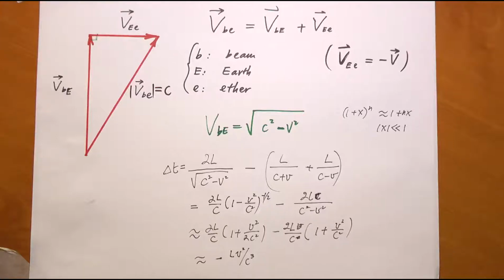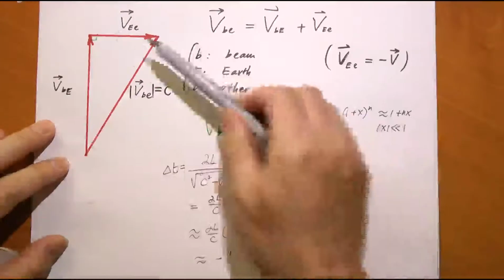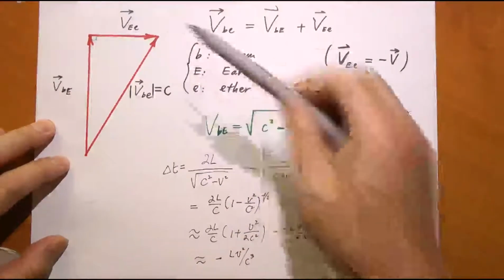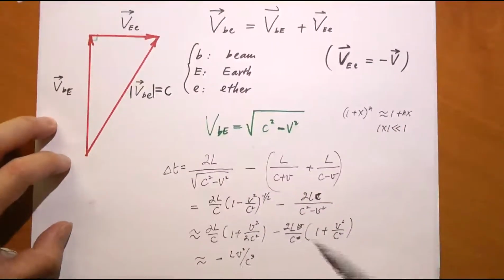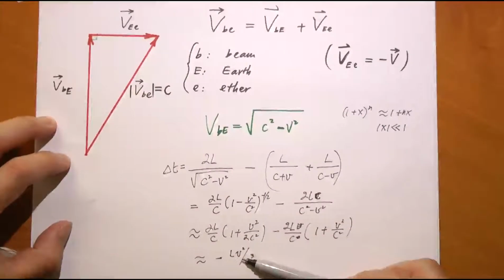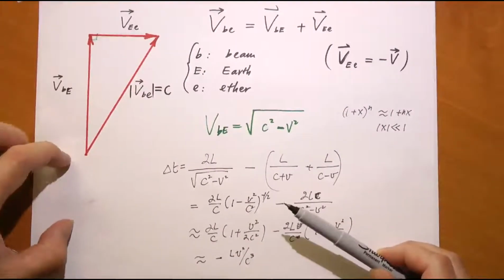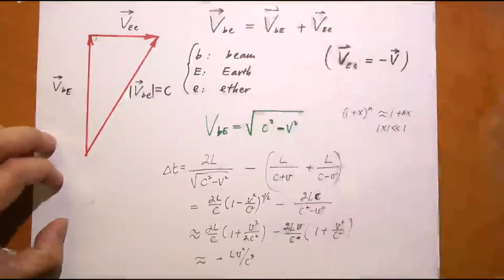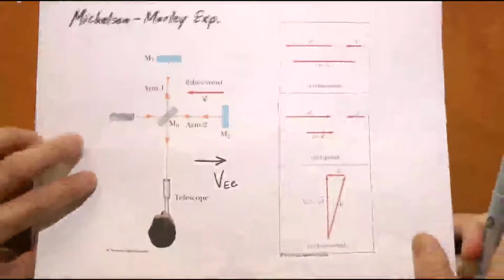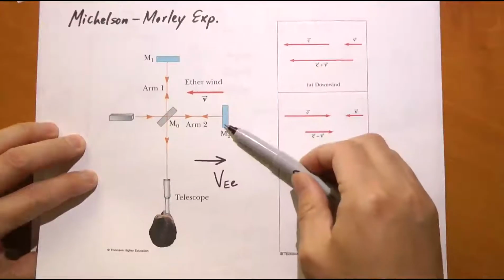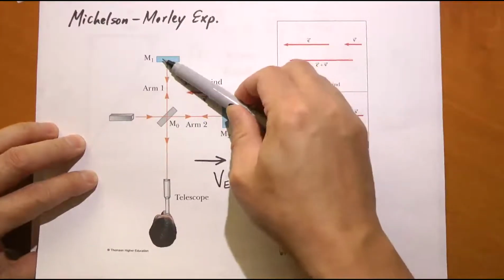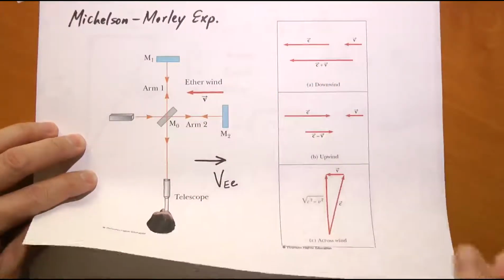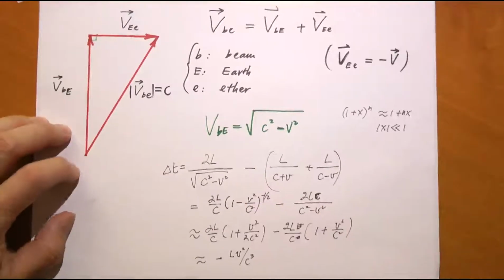Now, in reality, we don't really know whether the Earth moves this way or that way relative to the ether. But suppose it moved this way. We're going to get this, right? And then what Michelson did was something very clever. He rotated the entire device by 90 degrees. So now mirror 2 becomes mirror 1, and mirror 1 becomes mirror 2, and as a result, delta t would be reversed.